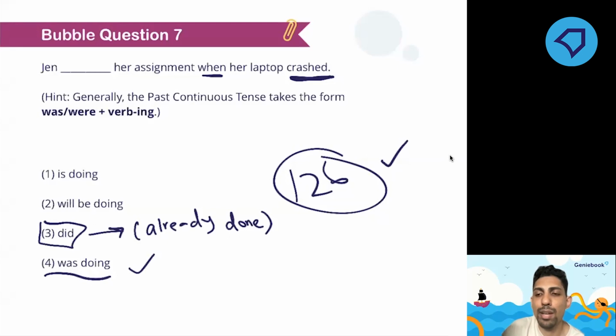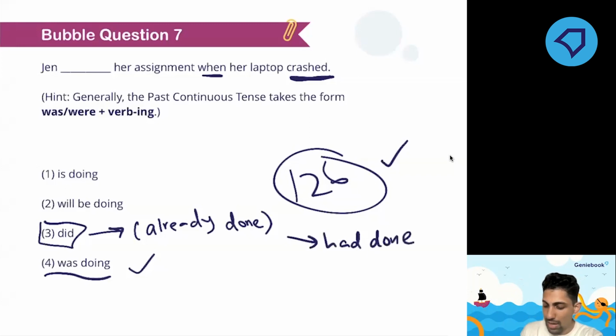Okay, Jen was doing. La di da di da, type, boom, crash. Okay, so Jen was doing her assignment. If you want to say that Jen had already finished it, la di da di da, the end, click, save. Yay! Crash. Then you must use the past perfect tense. That will be had done.